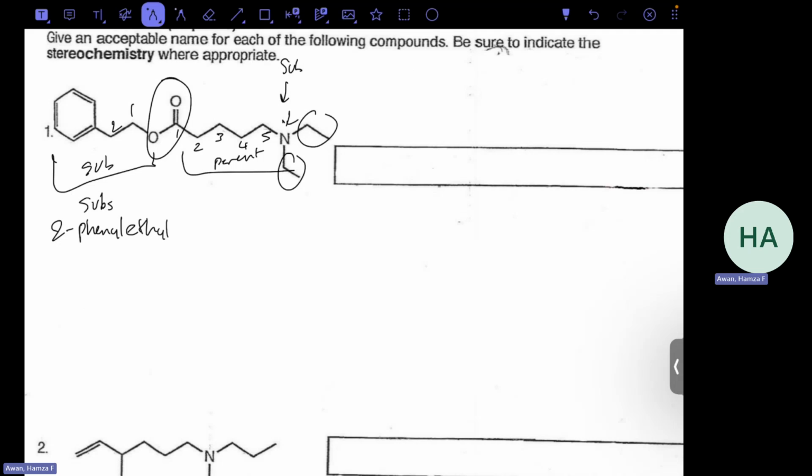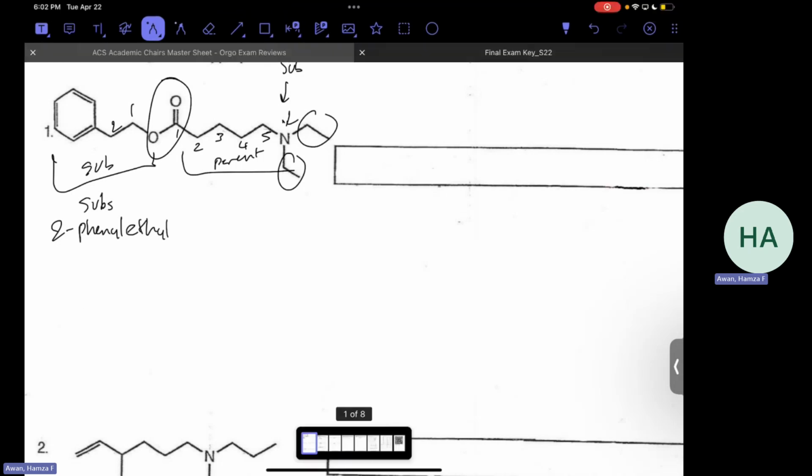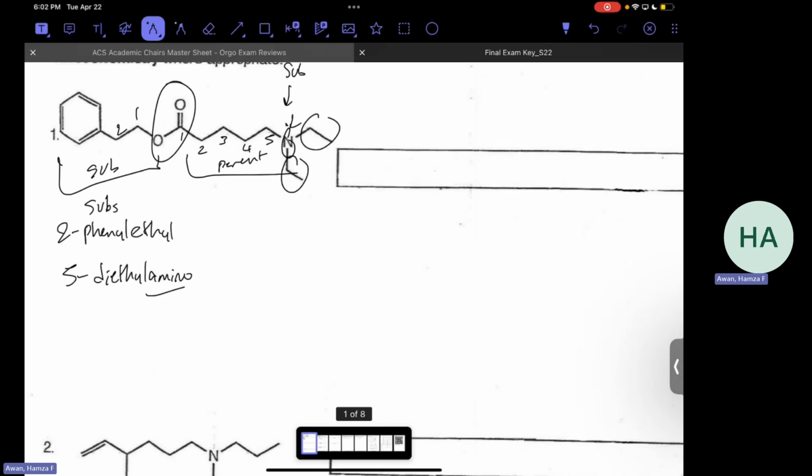So because the nitrogen is a sub, we're not going to have an N. It's not going to be N,N-diethyl, because then we don't know where the nitrogen is. So we can't put an N-diethyl. Instead, for that substituent, we're going to put 5-diethylamino. So amino denotes that we have a nitrogen there, diethylamino, and that will be our substituent.